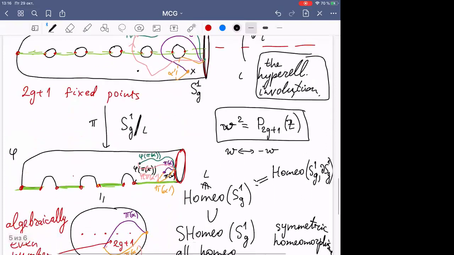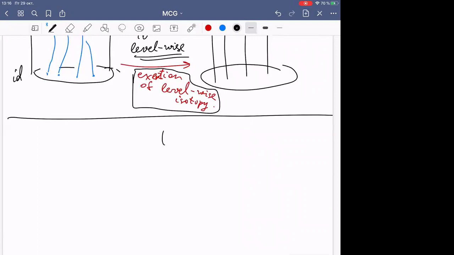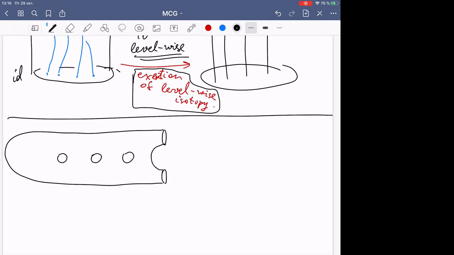First of all, we may consider a surface with two boundary components which are symmetric with respect to the hyperelliptic involution. Again iota is rotation by angle pi, but now we have two components which are swapped by the involution. Now we have not 2g plus 1 but 2g plus 2 fixed points.